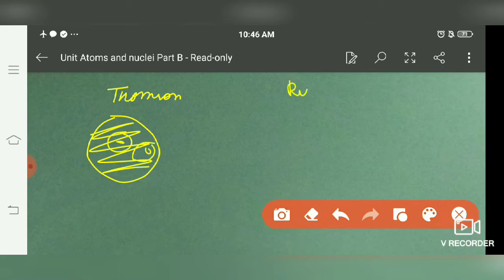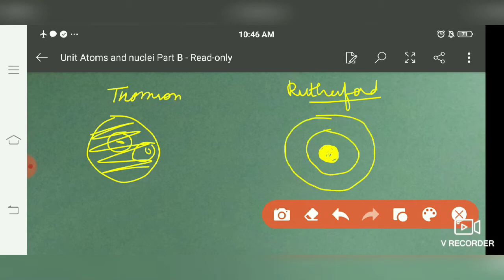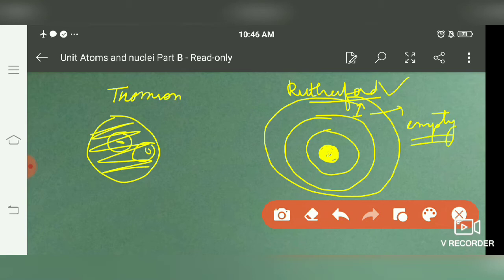But according to Rutherford, there is a center of the atom called the nucleus, which is heavily positively charged, and around it are orbits in which electrons revolve, and the space between the orbits is empty.